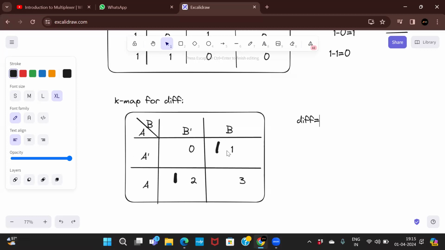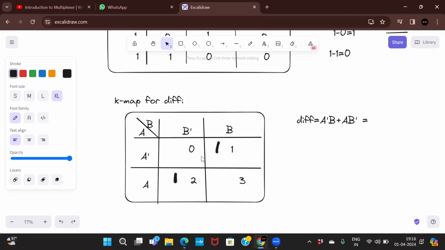We have A bar into B, plus, for the other one, A into B bar. What does this expression look like?